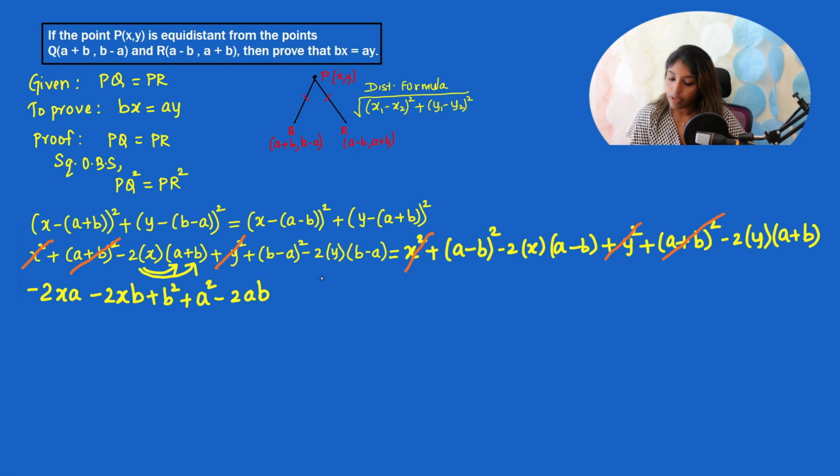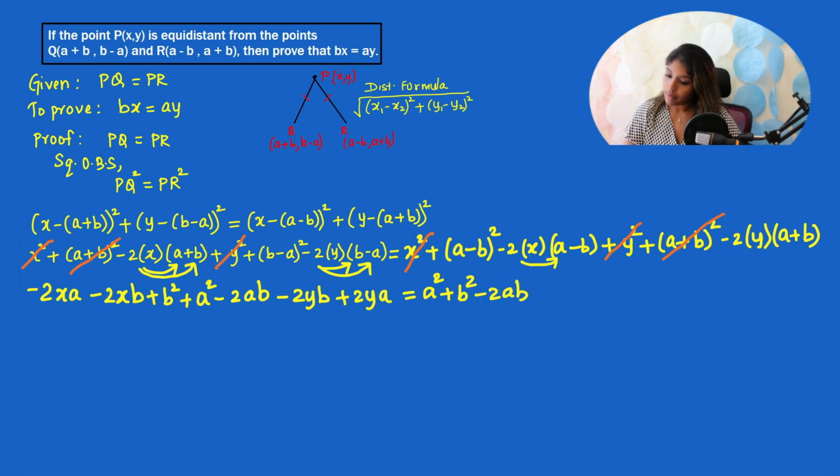And again, when you simplify using the distributive property here, minus 2y times b gives minus 2yb, and then minus 2y times minus a gives positive 2ya. Now when I do the right hand side, (a − b) the whole squared, I get a² plus b² minus 2ab.